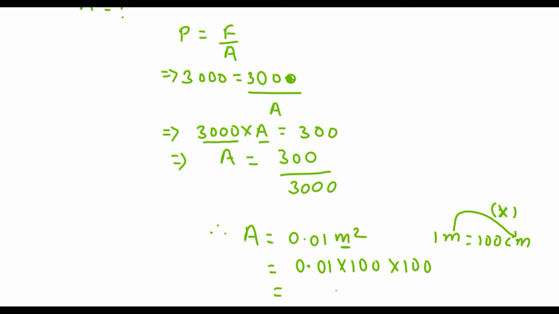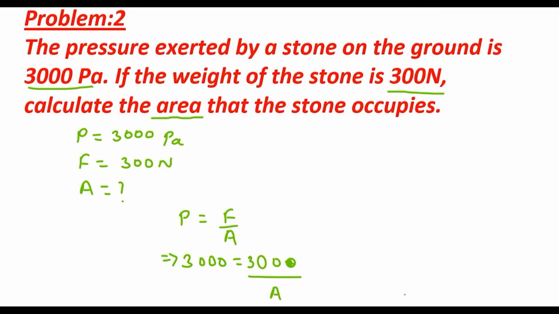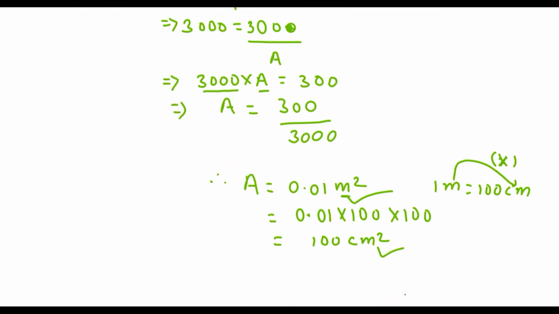So when we multiply it we get the value 100 cm square. So this is also an answer. So here, to calculate the area that the stone occupies, the required area is 0.01 meter square and 100 cm square. This is the required answer.